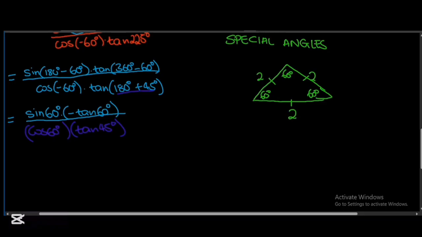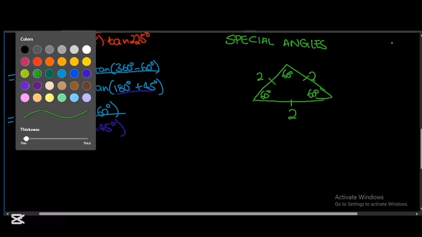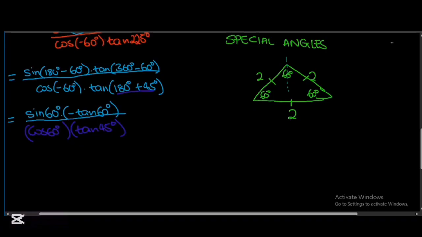After drawing this equilateral triangle, I'm going to divide it. This side will be perpendicular. I'm going to divide it equally, and then this side will have 30 degrees and this side will also have 30 degrees. So I'll just remove one side of the triangle and remain with the other one.